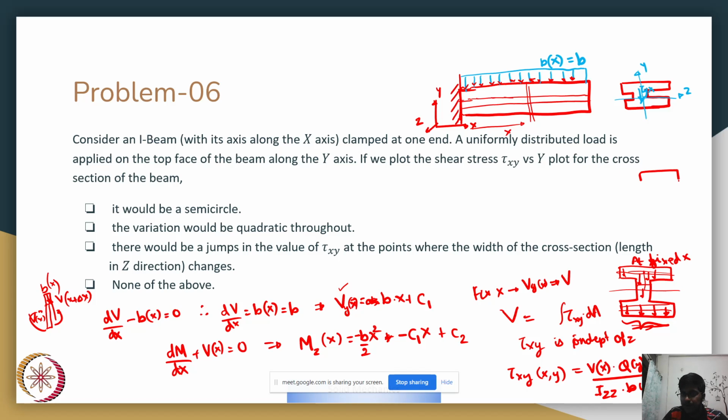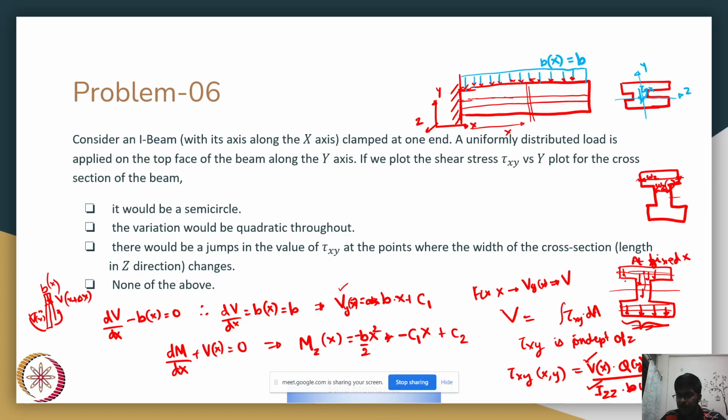Wz of y would refer to this width. So this can be Wz at a particular y, and this can be Wz at another y. We can see that in this equation, since we fix x, your V would be fixed. Your Izz would also be fixed because it accounts for the entire area.